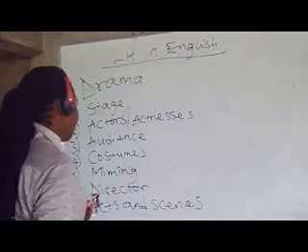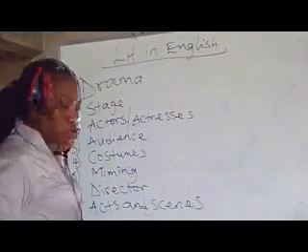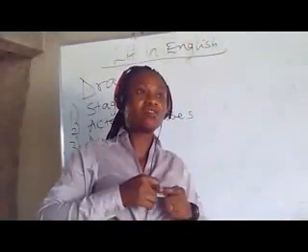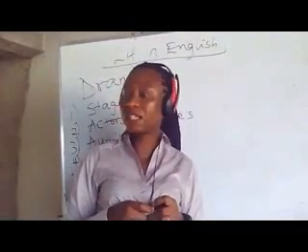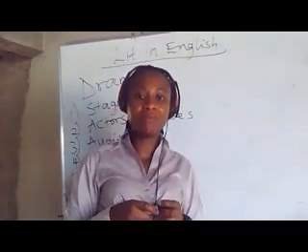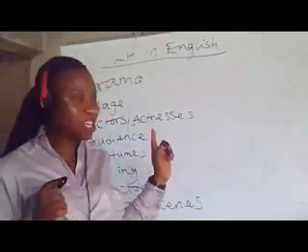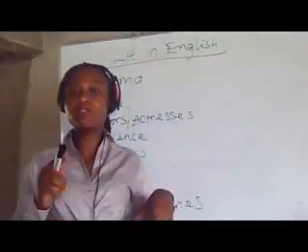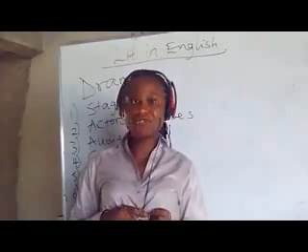Okay, let's take the first one, the stage. Now, before we go to the first feature, remember that a drama is usually acted in a theater. A theater is a place where dramas are being acted. Now, not just being acted on stage only. You have drama in form of the movies you watch. Those are part of drama.